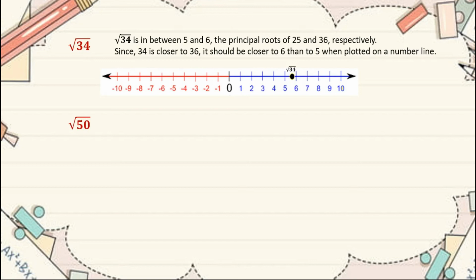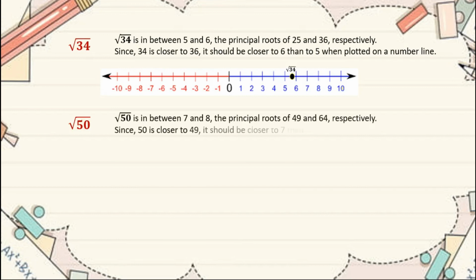How about the square root of 50? Between what two perfect square numbers can we find 50? And it should be 49 and 64. Meaning to say, the square root of 50 is in between 7 and 8. 7 and 8 are the principal roots of 49 and 64.